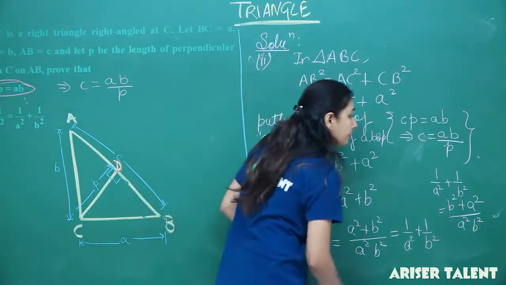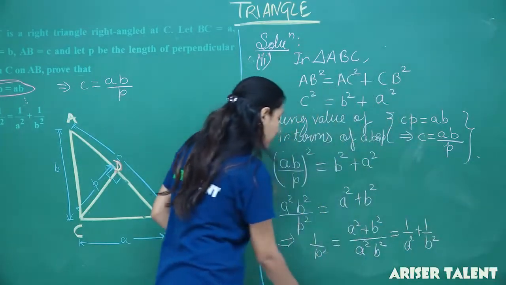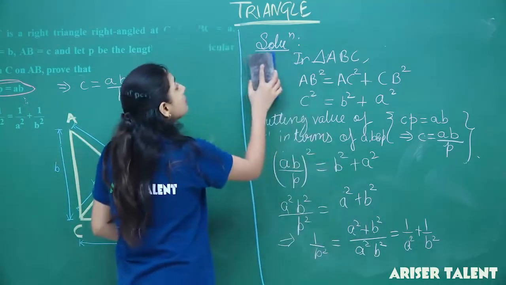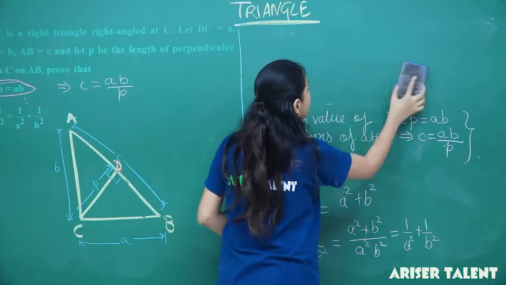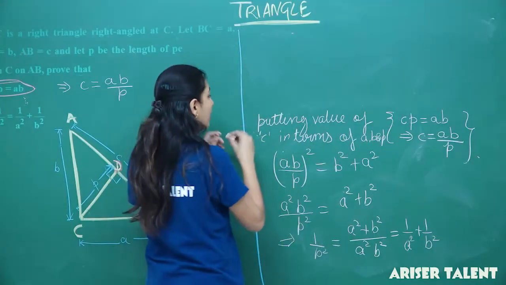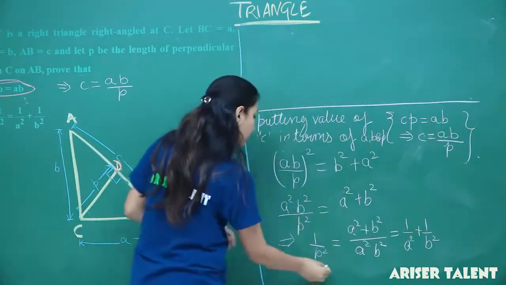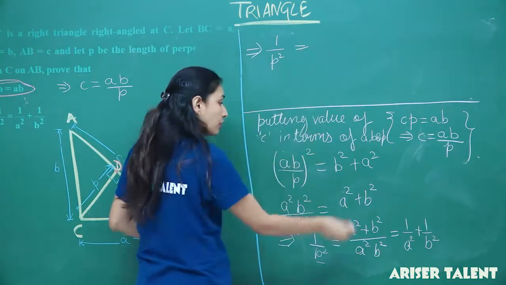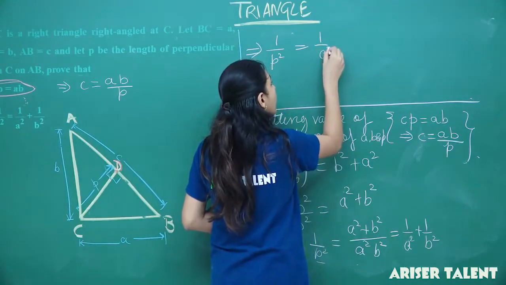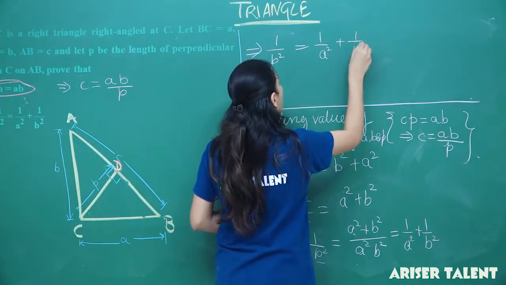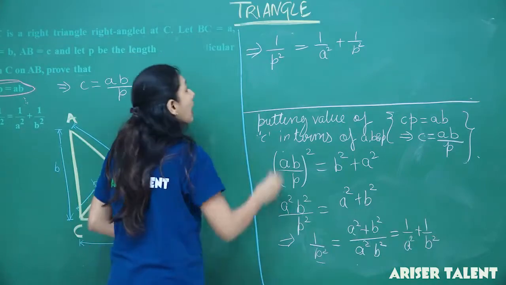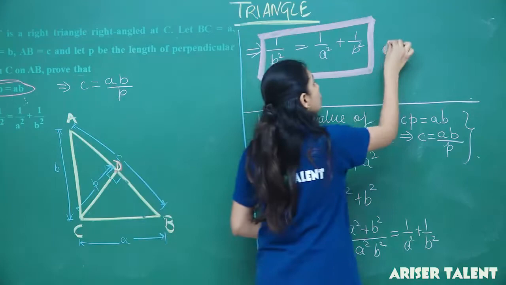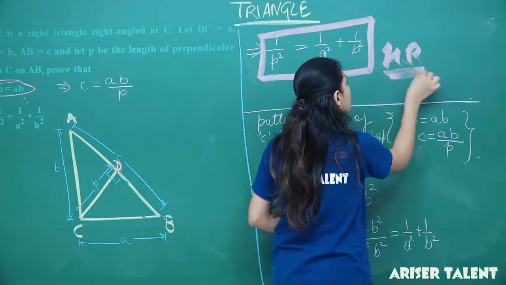Okay, students. So can I simply pick the values of my benefit only? So this 1 upon P square will be equal to 1 upon A square plus 1 upon B square. Okay. And this was the exact thing we had to prove.